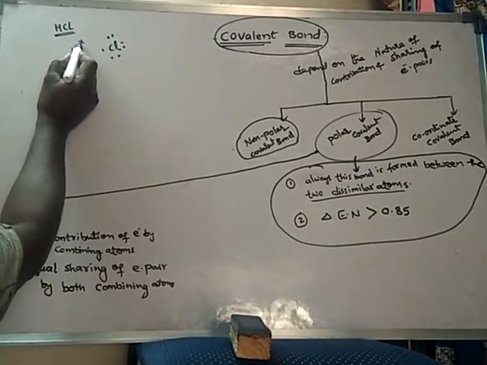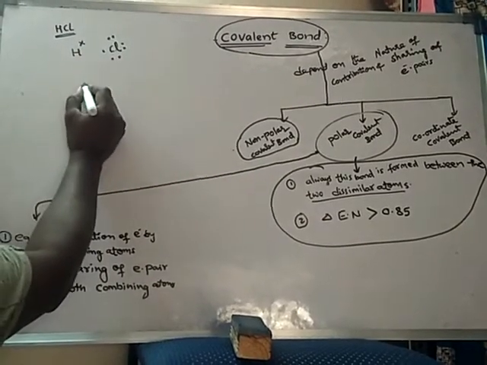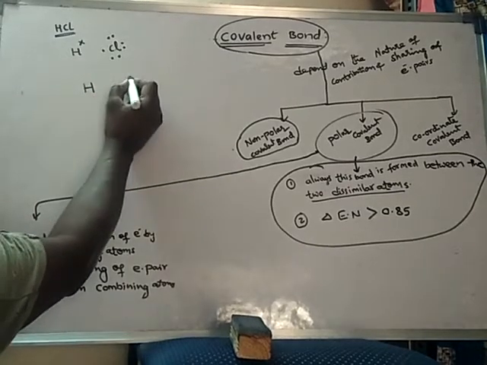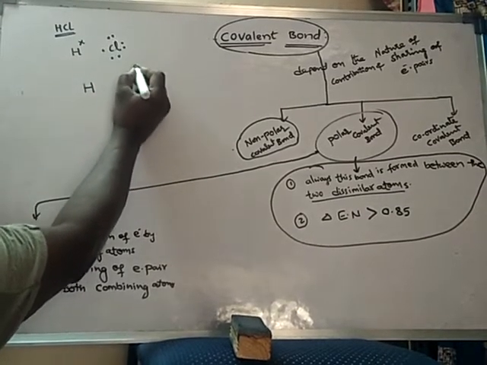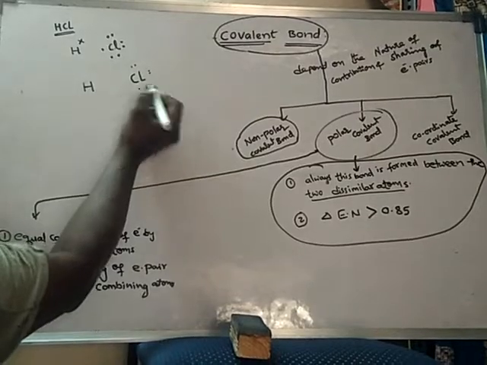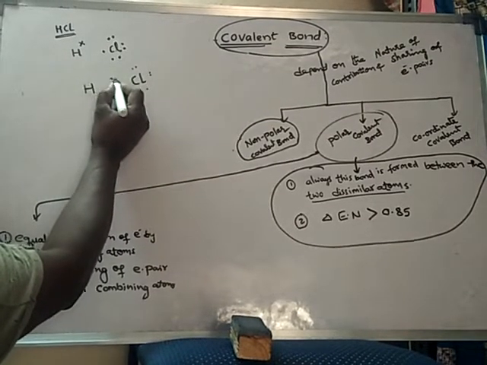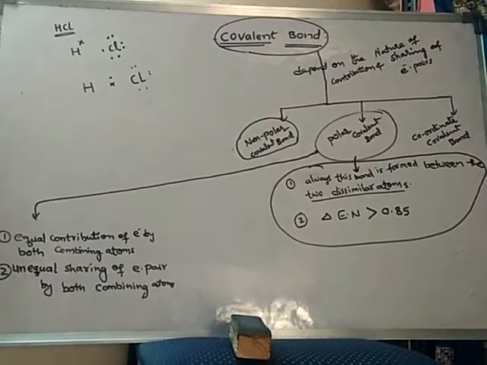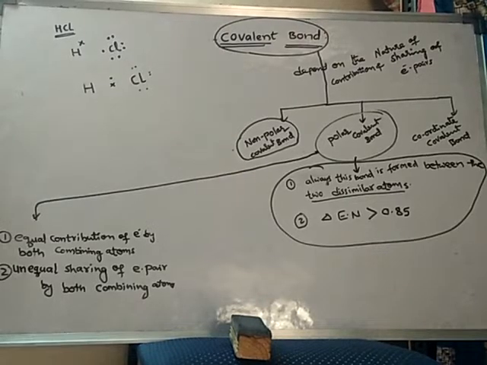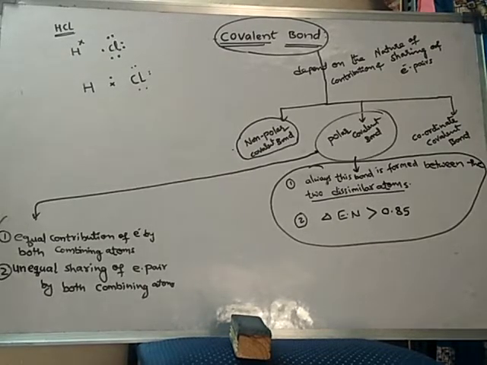So a pair of electrons is formed between the two atoms. That means equal contribution of electrons by both the combining atoms has taken place.